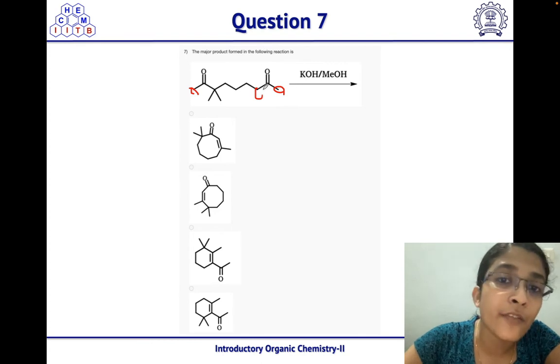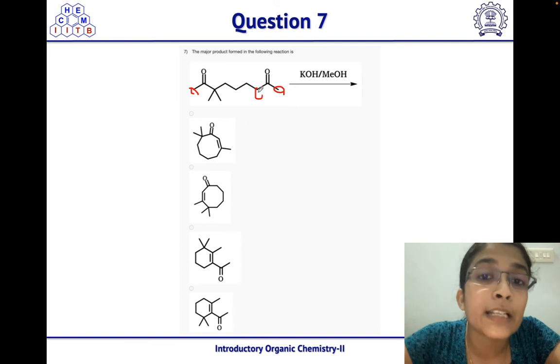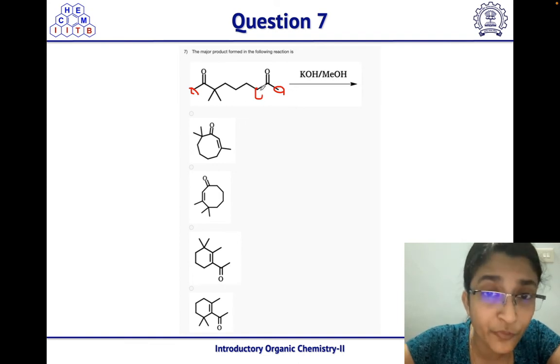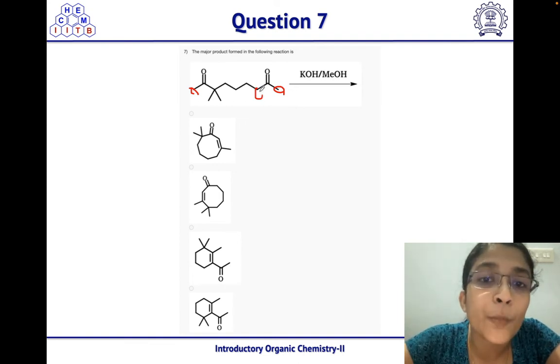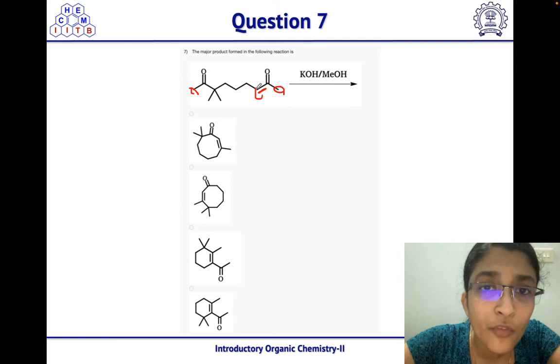Then we will see what ring size is formed when the enolate is formed on this side. When the alpha proton is abstracted from this side and the enolate is formed here, this carbon will attack the carbonyl, and the ring size will be 1, 2, 3, 4, 5, 6.